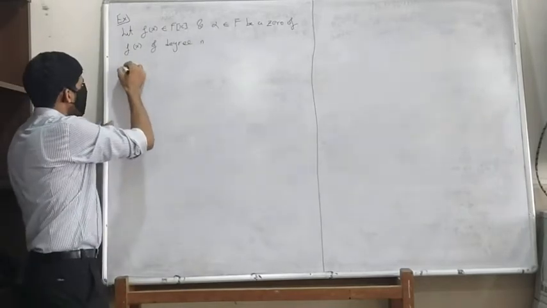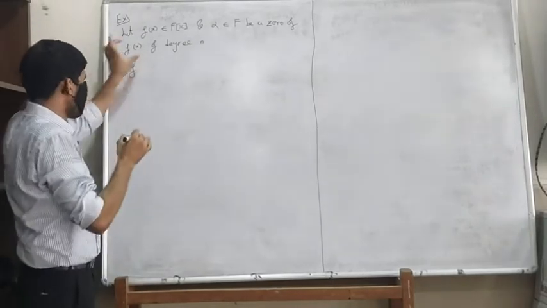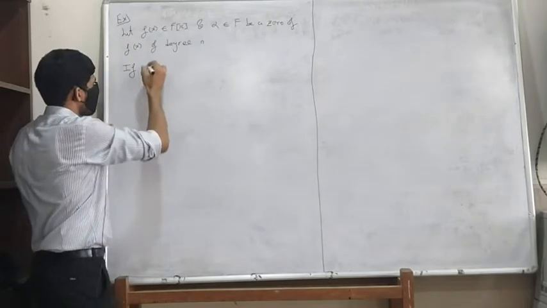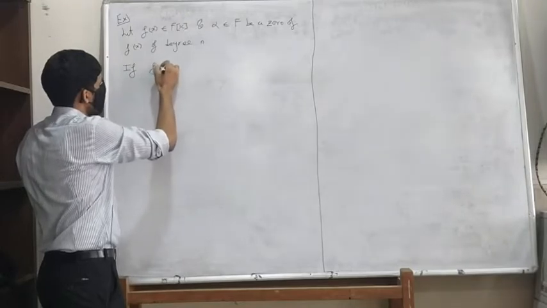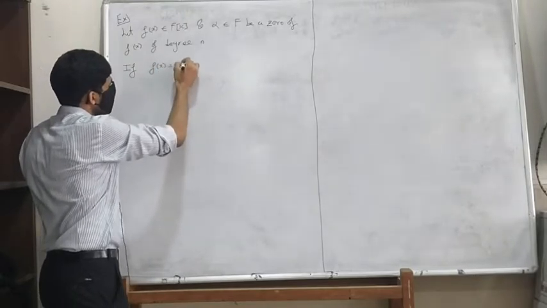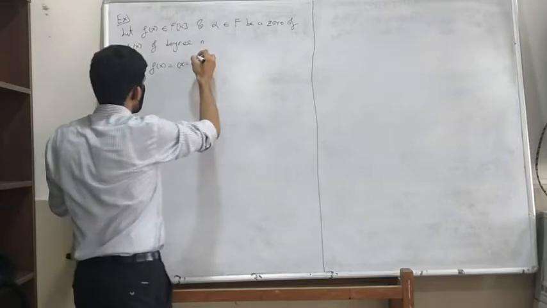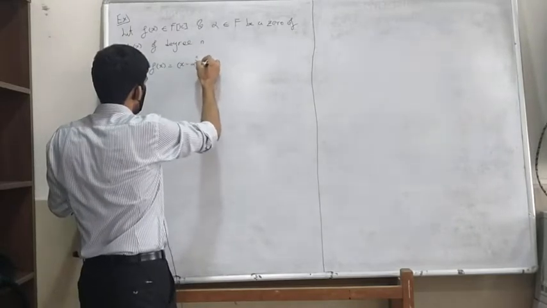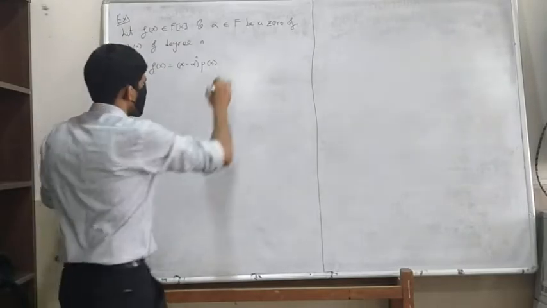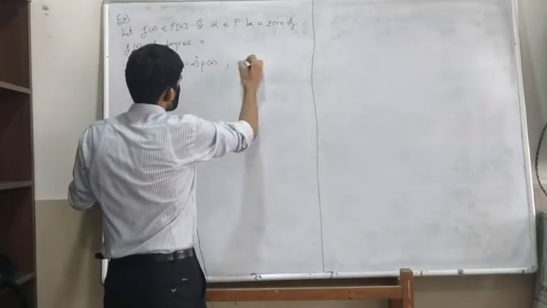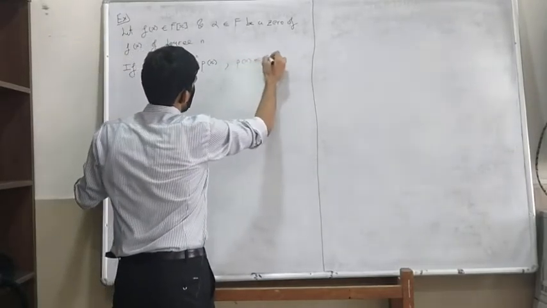If so, we know that we can write f of x equal to x minus alpha raised to n times p of x, where of course p is in F[x].